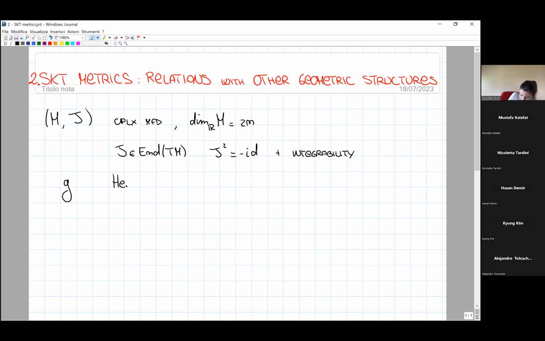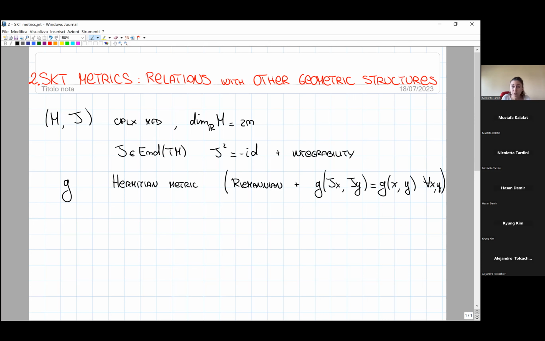G is a Hermitian metric, that is nothing but a Riemannian metric that is compatible with J in the following sense: we have that g(Jx, Jy) is equal to g(x, y) for every x and y vector fields. So J acts like an isometry.